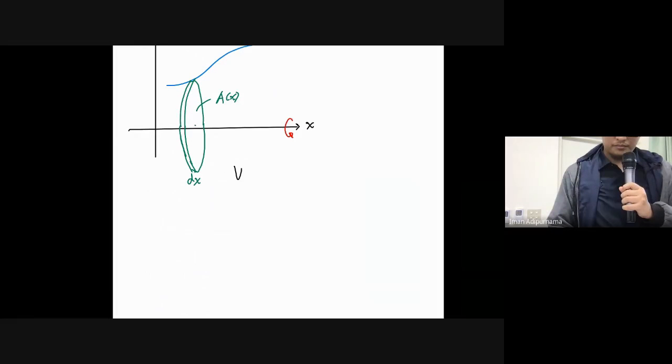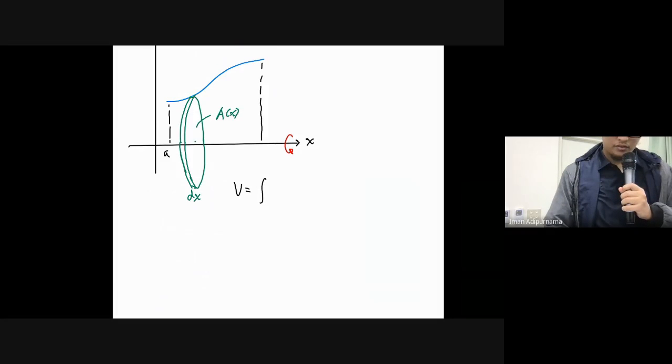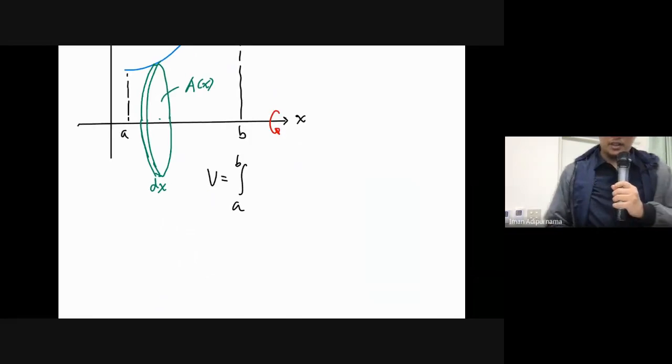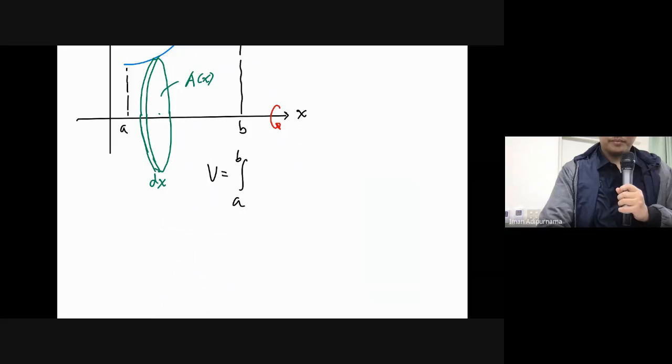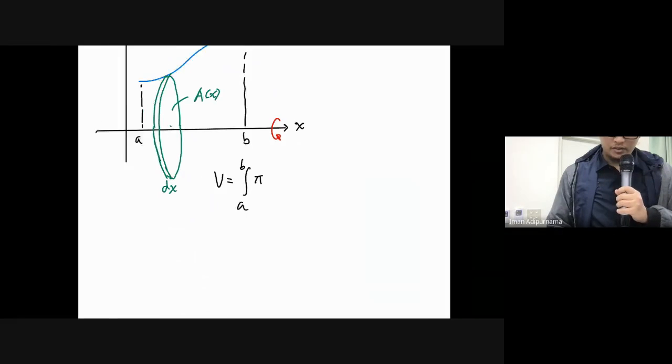The volume will be, if we have a and b, so if we are observing a to b, then the volume will be pi.